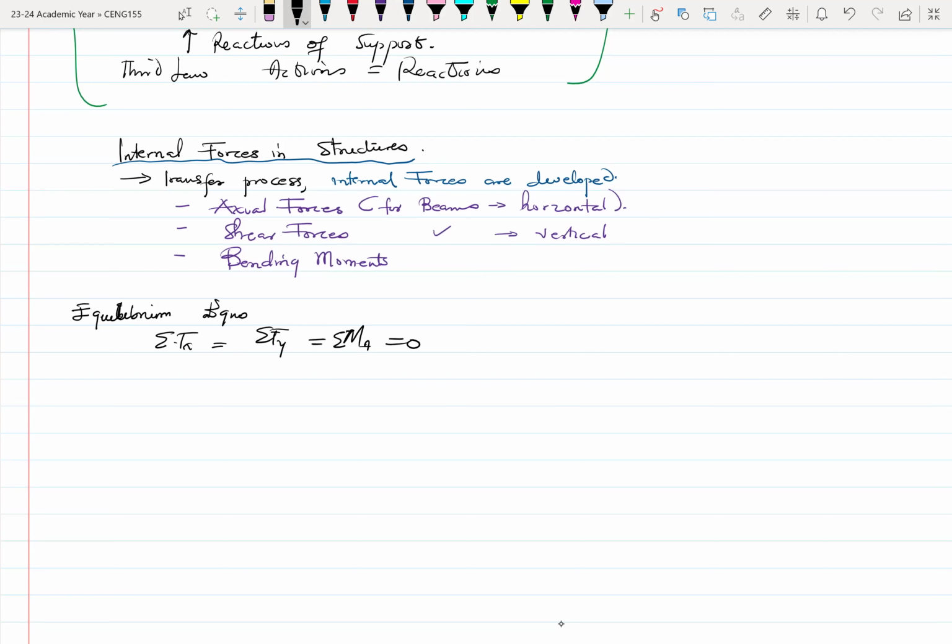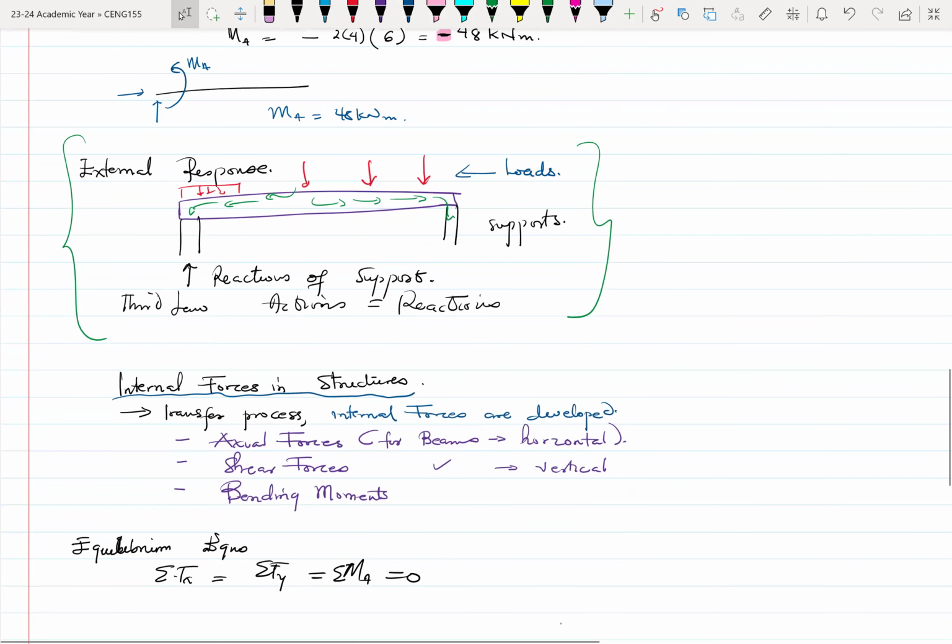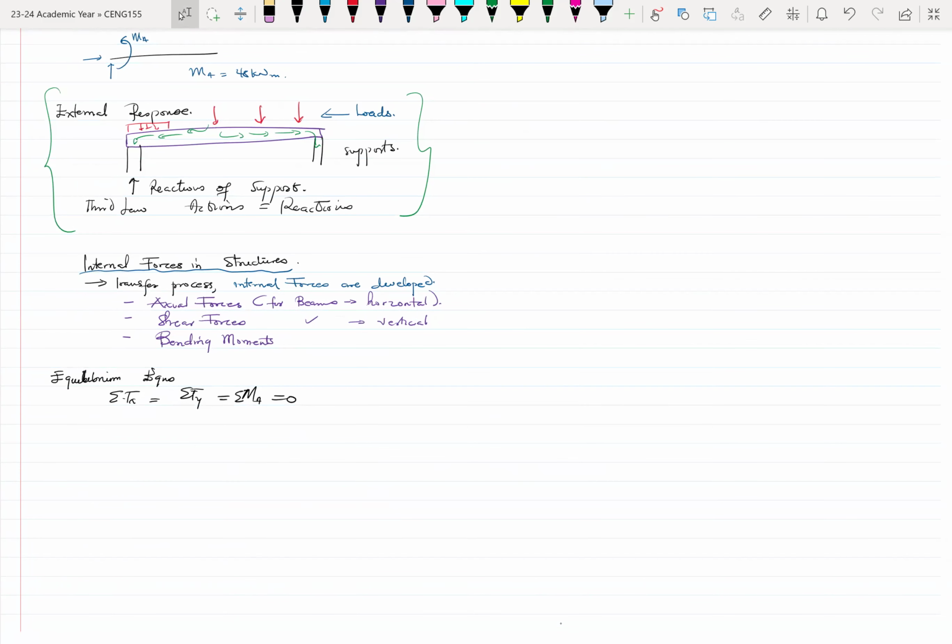So externally, the structure should be in equilibrium, in the sense that the loads and the reactions should give you a net zero force so that the structure remains in its state of rest. As much as you want the overall loads and reactions to be in equilibrium, you also want the internal behavior of your beam to remain in equilibrium.